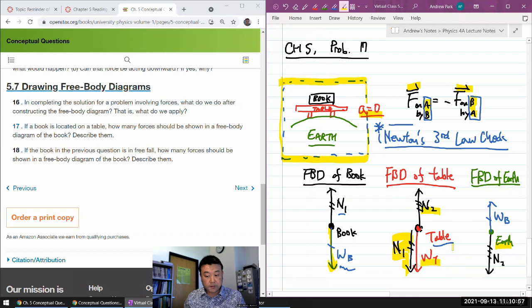It's the Earth pulling the table down, so the table must be pulling the Earth up. So that's my fourth Newton's third law pair. And so for this entire system, there should be 8 forces, 4 pairs.